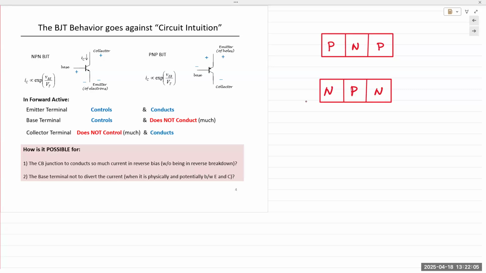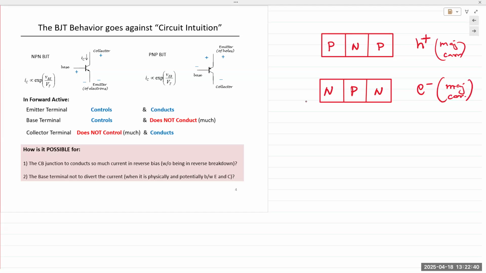In the other one, the holes are the majority carriers. Guess which one is which? Which transistor has holes as the majority carriers? PNP. Well, because it's twice as many N-type materials, but that's not the reason. So in the PNP, holes are majority carriers, and here, in the NPN, electrons are majority carriers.